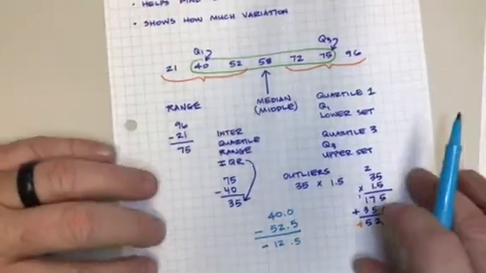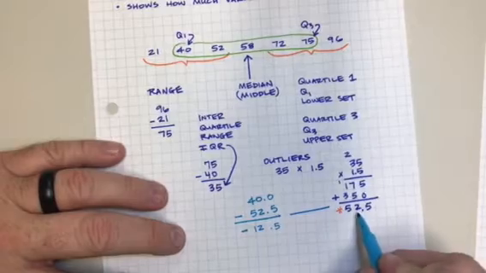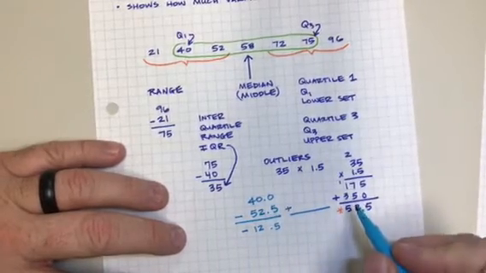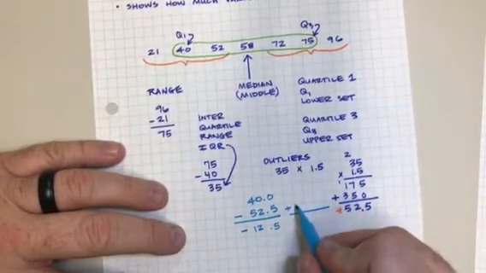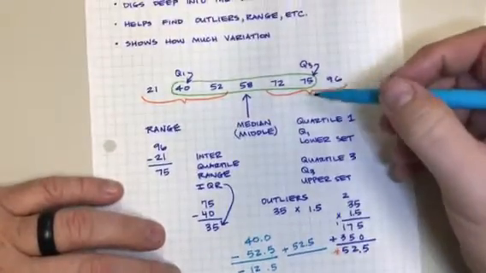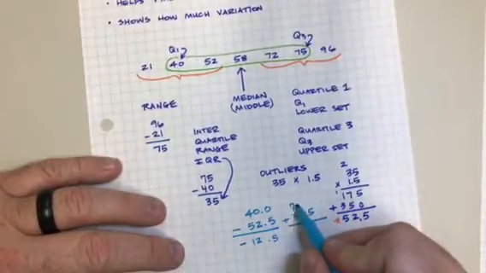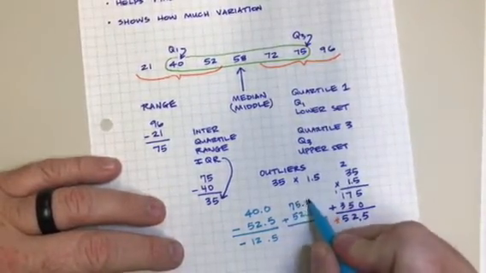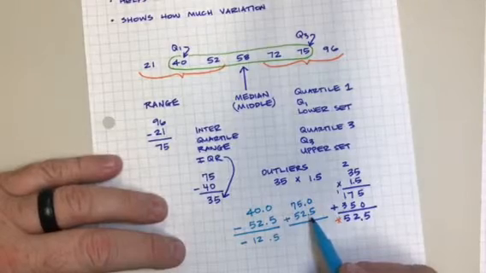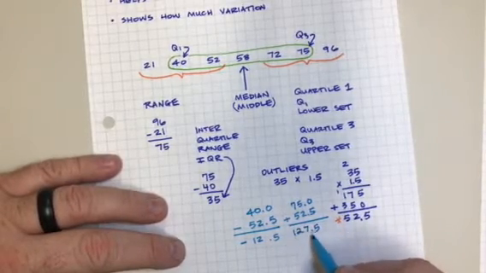Now I'm going to set up another problem using my special number, but this time I'm going to do addition. I'm using that 52.5 again, but now I'm adding it to Q3, which was 75. So 75 plus my special number 52.5. When I add these up, I get 127.5.